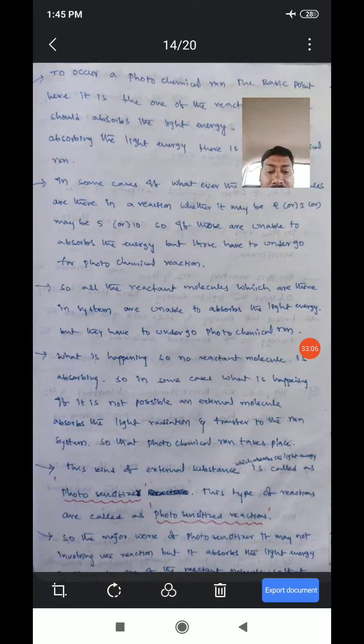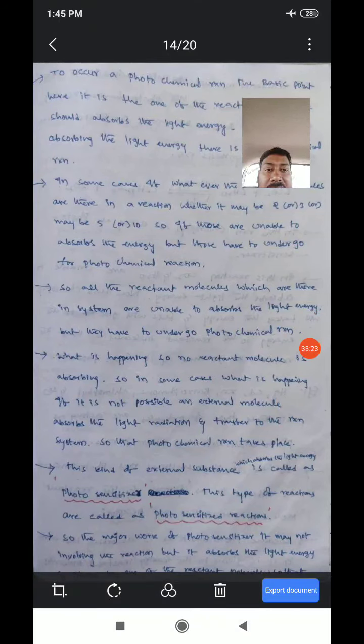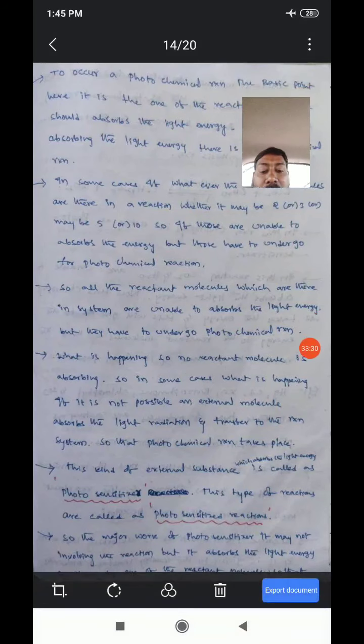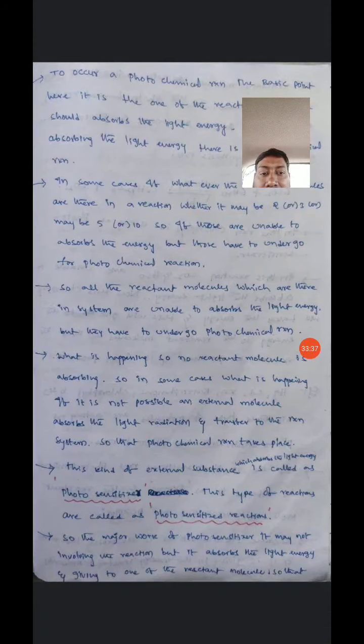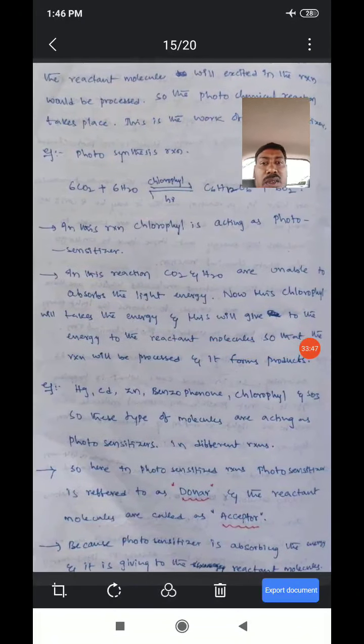The major work of the photosensitizer is that it does not get involved in the reaction, but it absorbs the light energy and gives it to the reactant molecule, so that the reactant molecule is excited and the reaction proceeds.